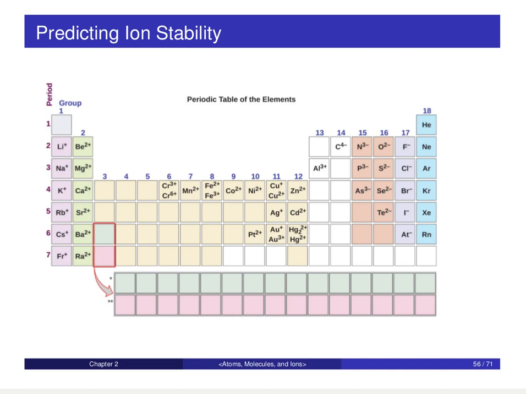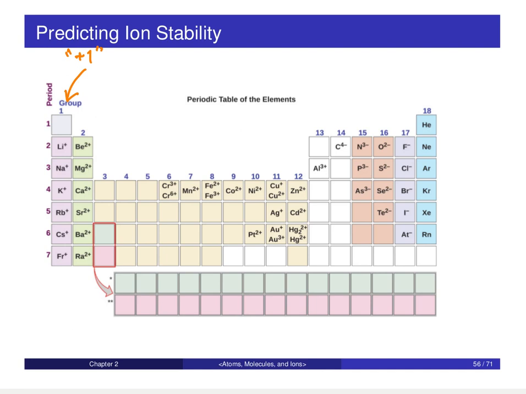I want you to take a minute, look at this periodic table, and look for some general trends or patterns. Hopefully what you see here is that all of these ions in group 1, remember, are alkali metals. All of our alkali metals will tend to have a +1 charge.